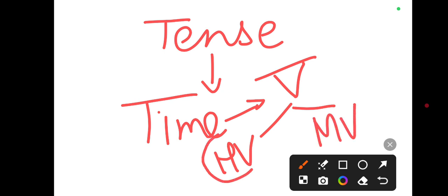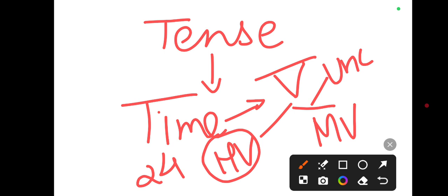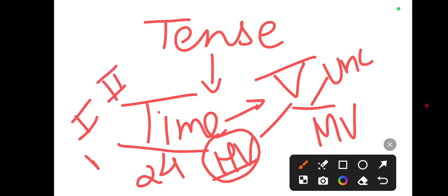Helping verbs are 24 and main verbs are uncountable. Helping verbs have two forms, present and past.